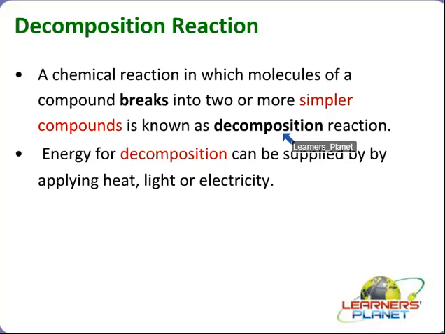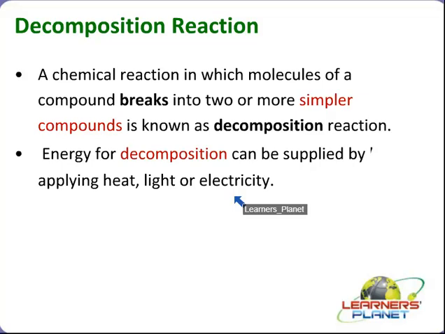Now how can that energy be supplied? Energy for a decomposition reaction can be supplied by applying heat, light or electricity. So you know students that all these are forms of energy.